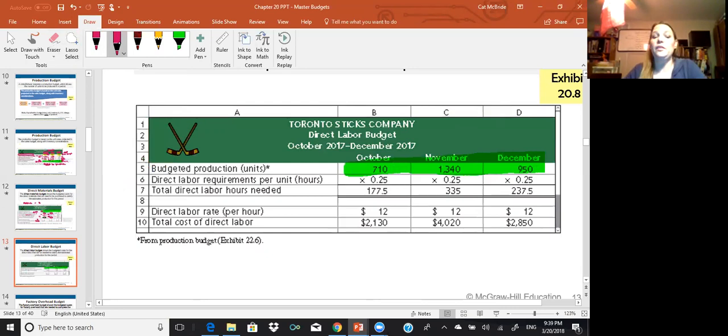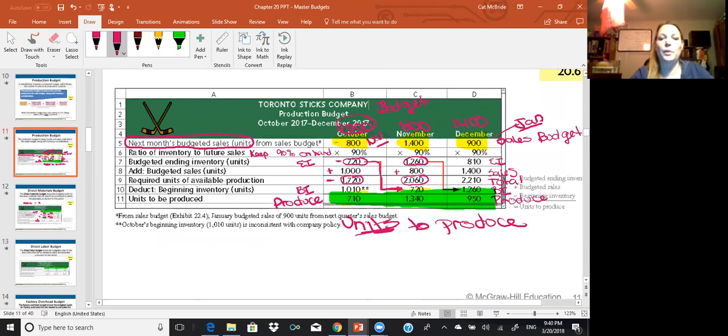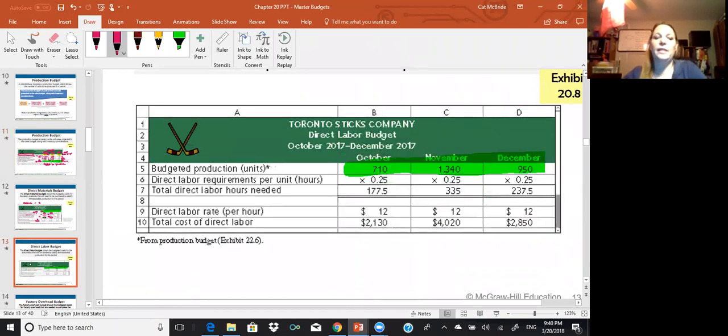So this part's easier because we don't have to figure out beginning and ending inventory or anything. All we have to do is say, okay, bottom line, which came from here, right? Our production budget. Bottom line for our production budget, these are the units that we're going to be producing. We take this, so these come from our production budget, straight from the bottom line.